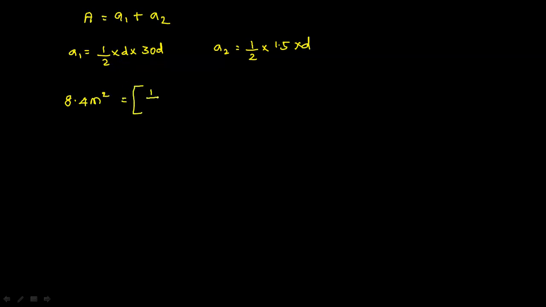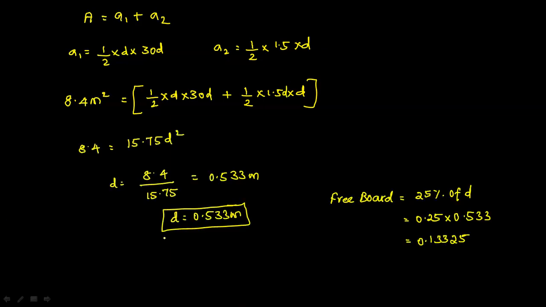Putting these values, half into D into 30D plus half into 1.5 into D squared. When you find out D, D is equal to 0.533 meter.